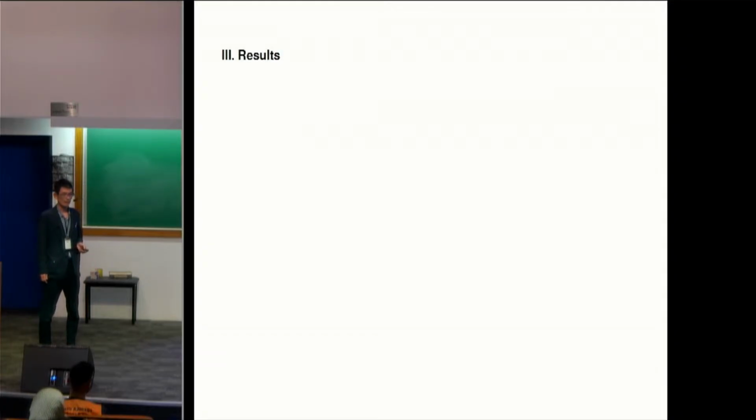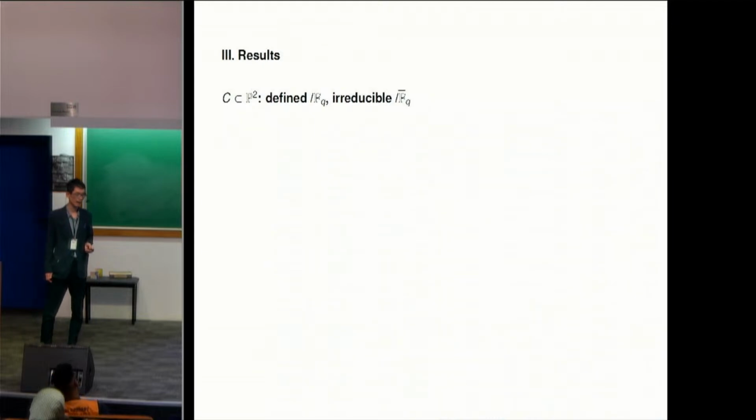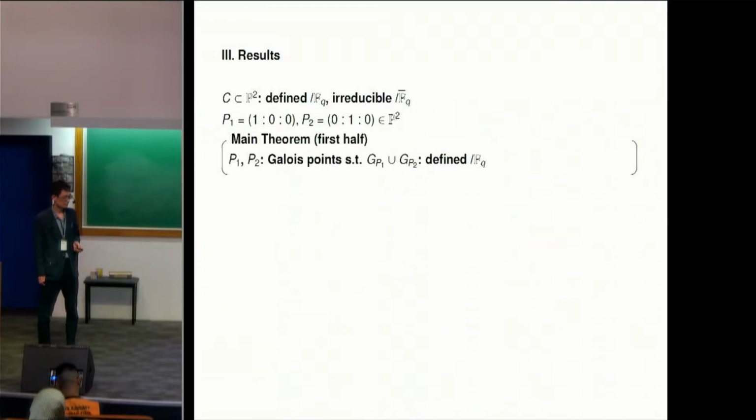I explain my result. Let C be defined over Fq and irreducible over Fq bar. P1 is the point (1:0:0) and P2 is the point (0:1:0) in the projective plane. First, I explain the first half of the main theorem.